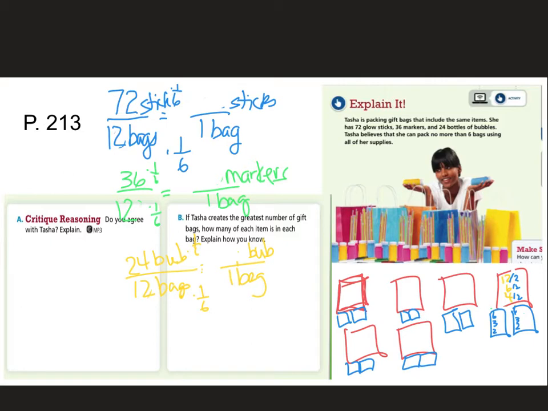In this situation, this 12 that we found, these 12 bags we can make, is called our greatest common factor. The greatest common factor of 72, 36, and 24 is 12, because that is the biggest number that goes into each of those numbers evenly. We can't have half a marker. So there you have it, 12 bags, the GCF.